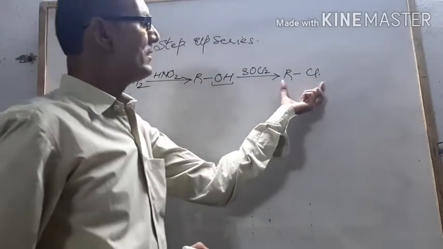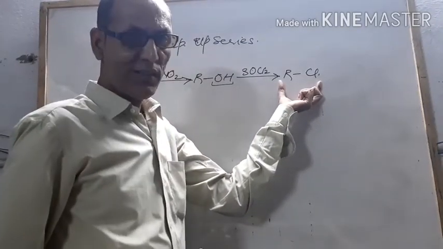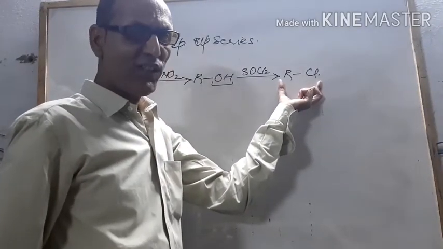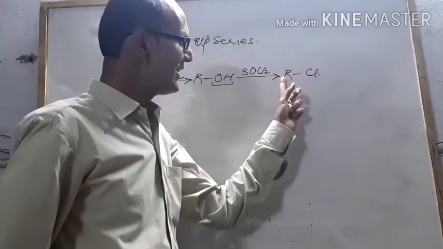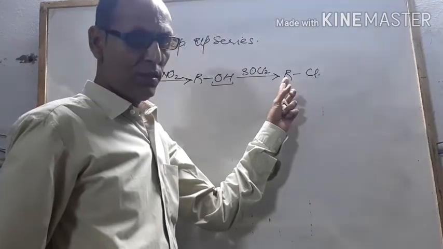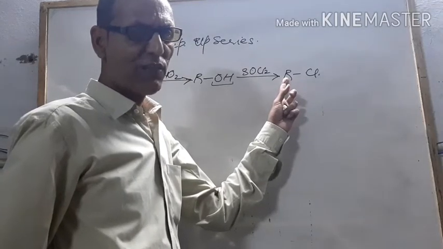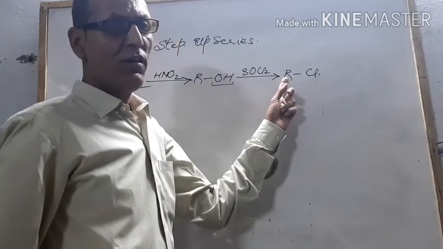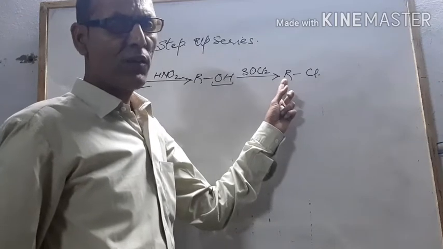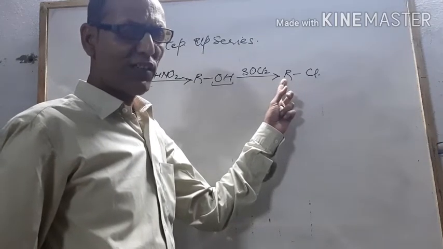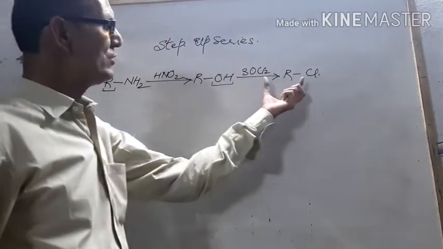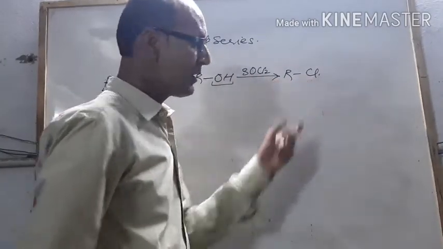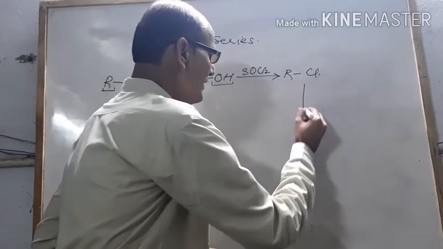Why are we preparing this? This is the important step, because in the next step you will get one more carbon. So if you want to increase the carbon in any conversion, the compound should be converted into halide form.